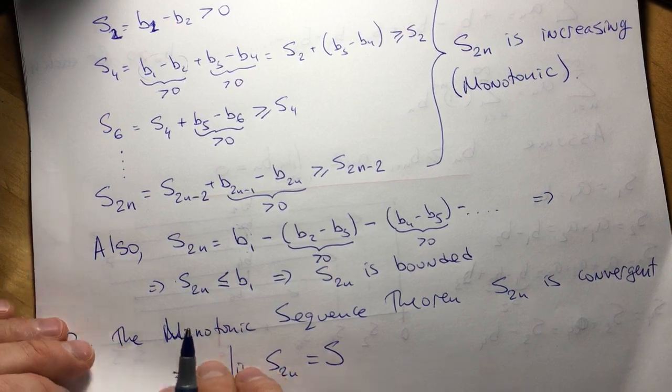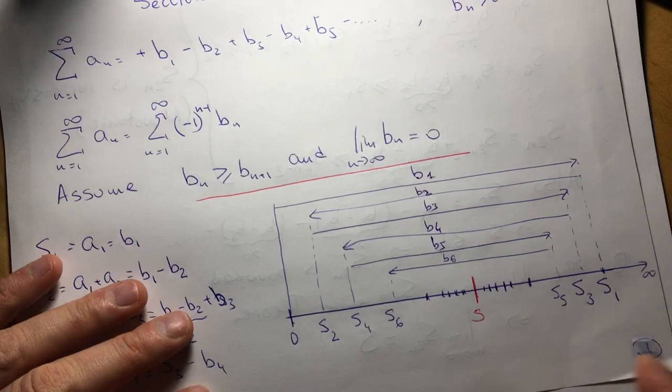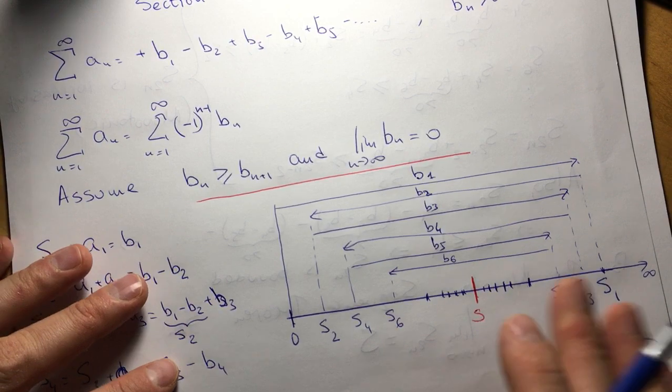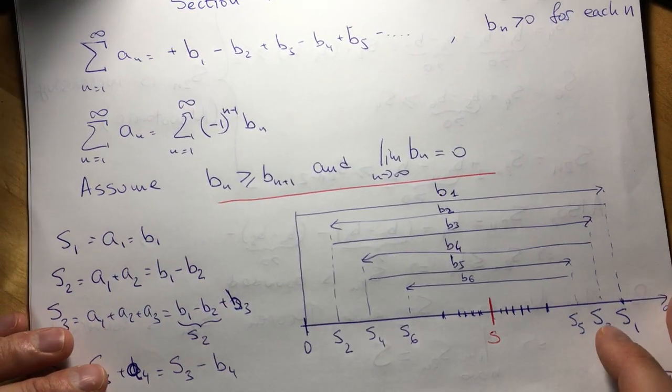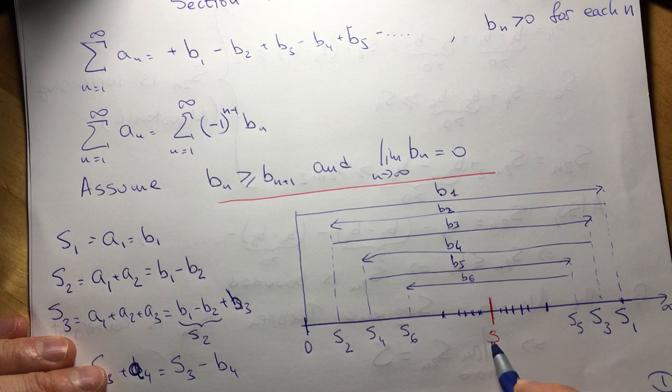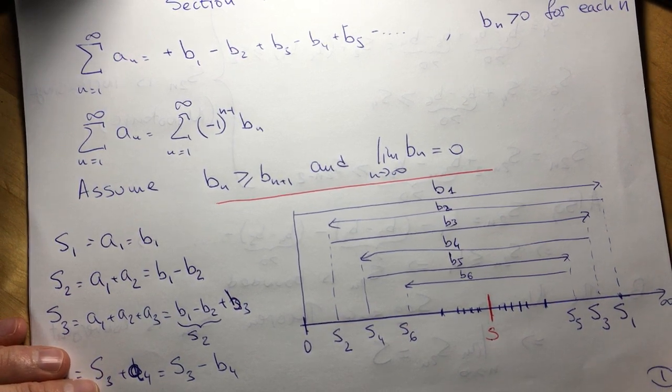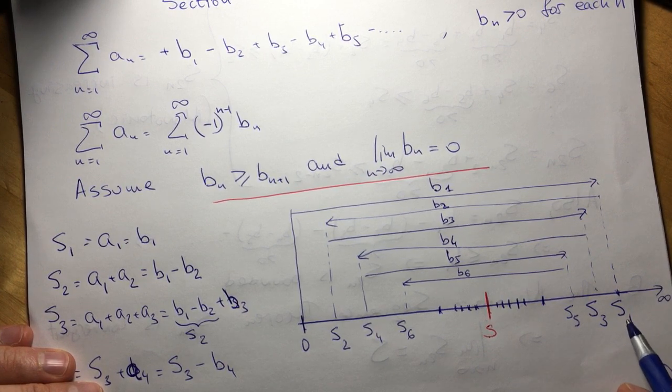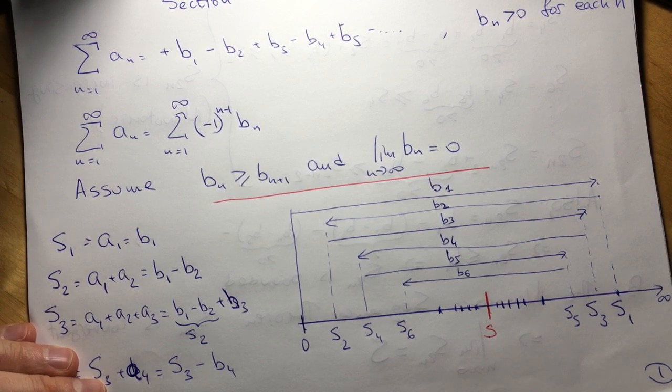So what have we proved? We have proved that this sequence S2, S4, S6, and so on, as n goes to infinity, approaches some value S. Okay? If we are able to show that the subsequence of odd partial sums, S1, S3, S5, and so on, approaches the same limit, then we can conclude that Sn, the sequence of partial sums, approaches the limit S.